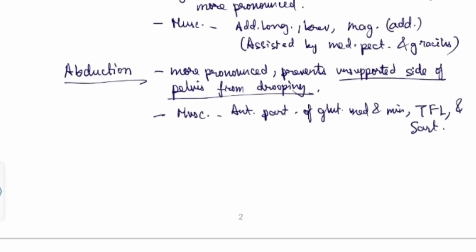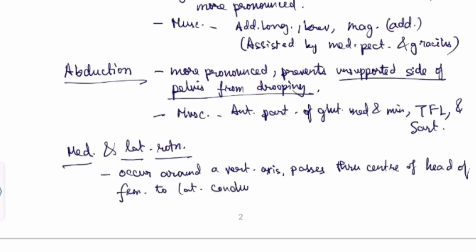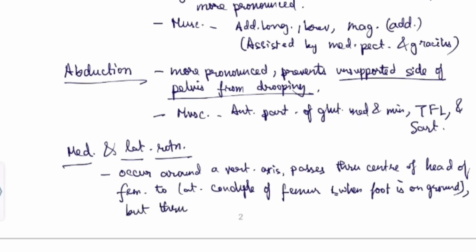Now we go on to another movement, which is medial and lateral rotation. Medial and lateral rotation occur around a vertical axis, which passes through the center of the head of the femur to the lateral condyle of the femur when the foot is on the ground, but through any point when the foot is above the ground.